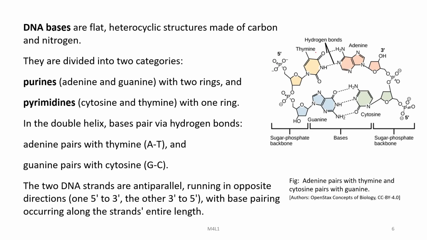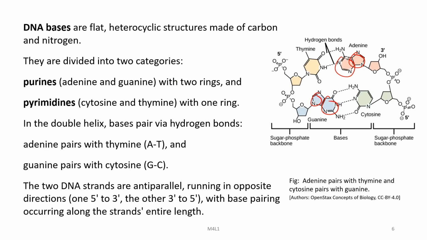These DNA bases are flat, heterocyclic structures made of carbon and nitrogen, and they are divided into two categories. The first are the purines, where you have the two members adenine and guanine, and they have two rings each, as you can see here.